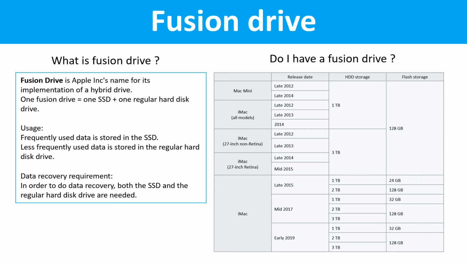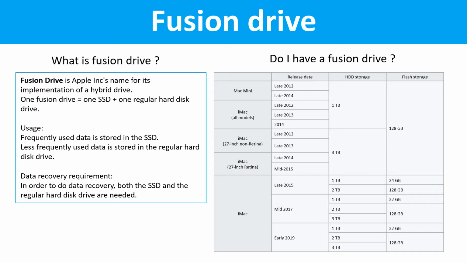Fusion drive. What is Fusion drive? Fusion drive is Apple Inc.'s name for its implementation of a hybrid drive. One Fusion drive equals one SSD drive plus one regular hard drive. Usage: frequently used data is stored in the SSD drive, and less frequently used data is stored in the regular hard drive.